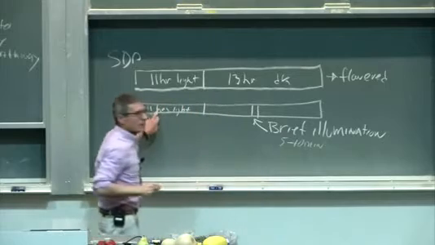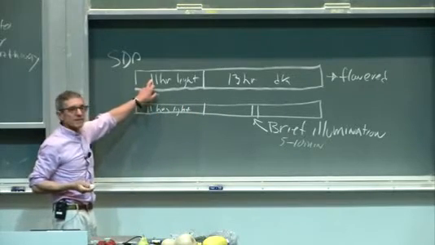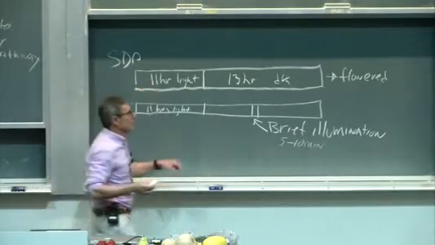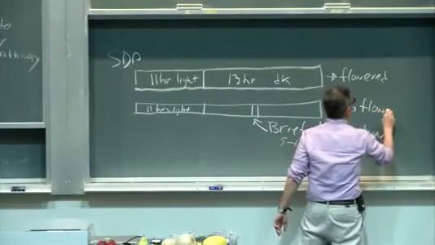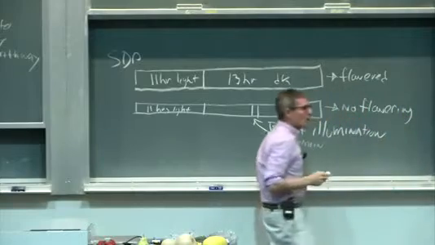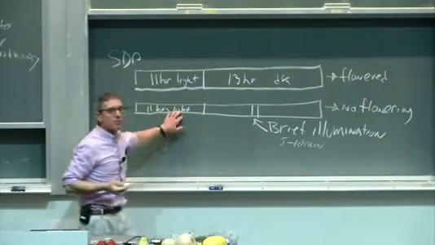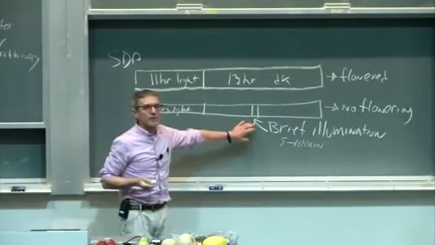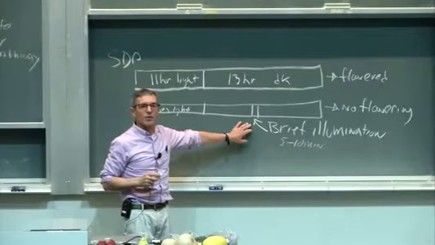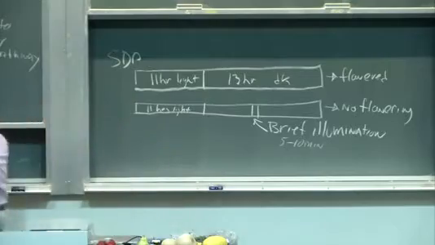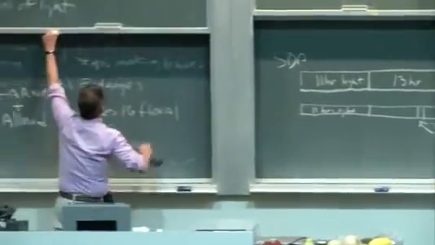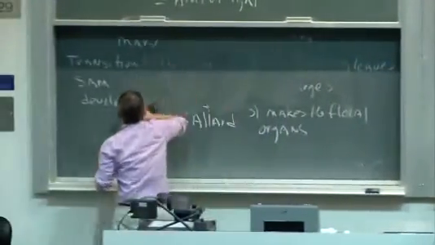Even though the length of the light period was exactly the same as above, these plants were not flowering. So how could it be, if the light period is important, that if you briefly interrupt the dark period, you are influencing flowering?